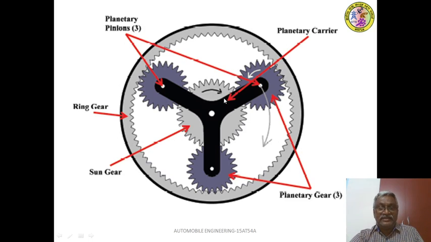So now the sun gear is the driving member. What happens here, you see, when the sun gear is the driving member, consider the sun gear is rotating in clockwise direction. When the sun gear is rotating in clockwise direction, these planetary pinions are rotating in anti-clockwise direction on their pins.